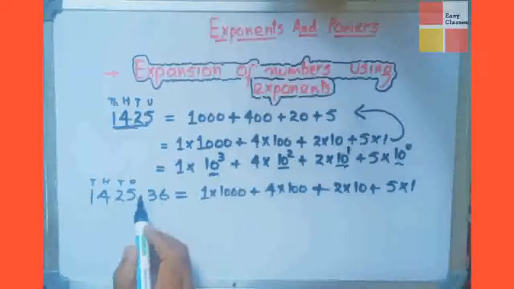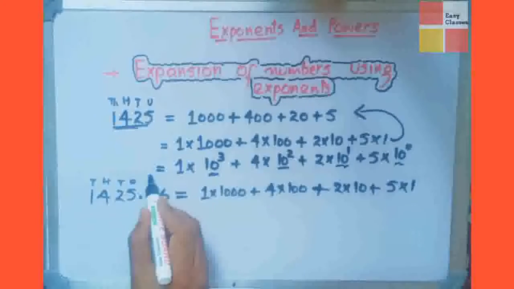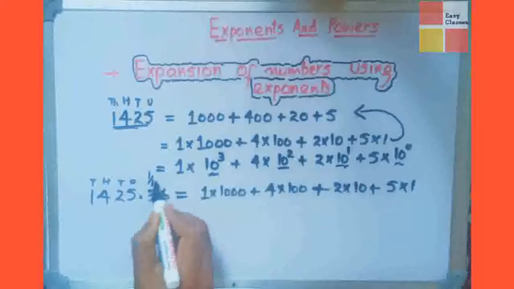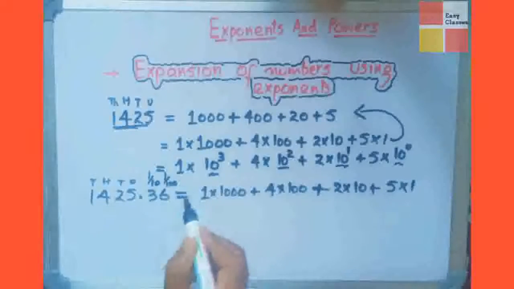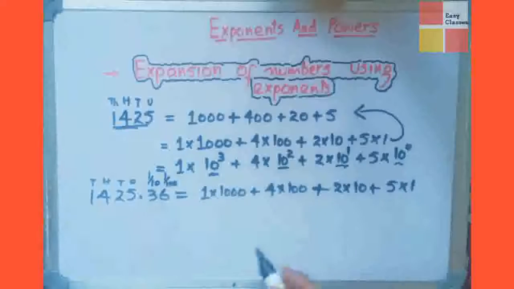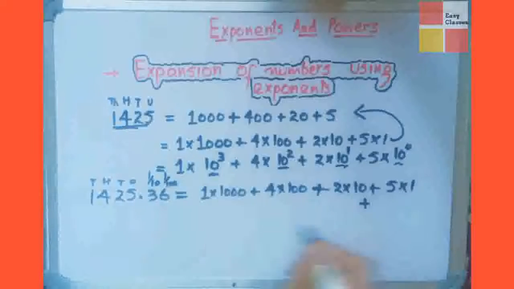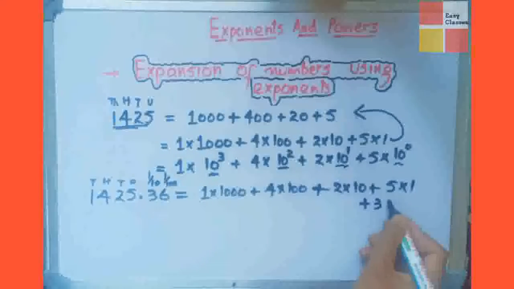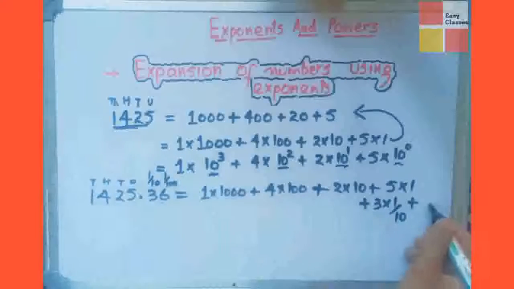So the first digit next to the decimal is occupying the place called 1/10ths. Then the other digit 1/100ths, the other 1/1000ths, and so on and so forth. Okay, so we can put it like this. Then there is plus 3 into 1/10, plus 6 into 1/100. Right.